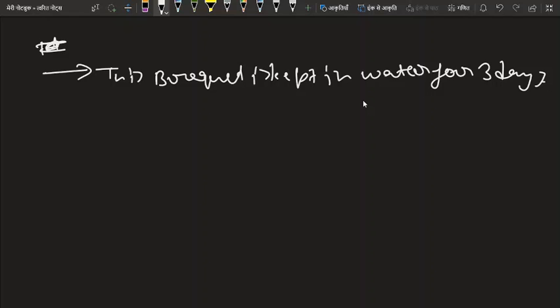This should not break easily and should not be converted into powder form.